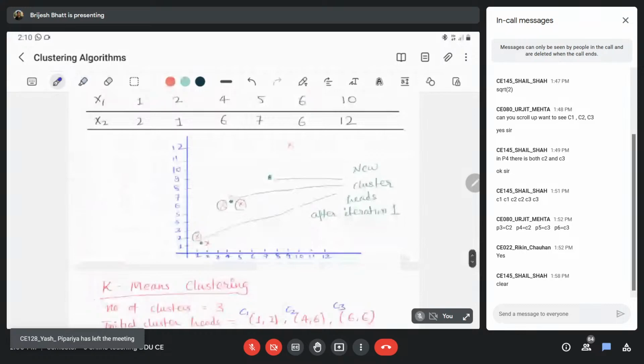Let us take the same data set. Let's not create a plot, let's do it like this.